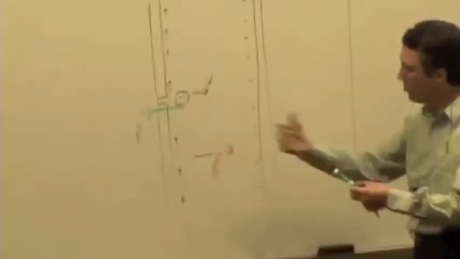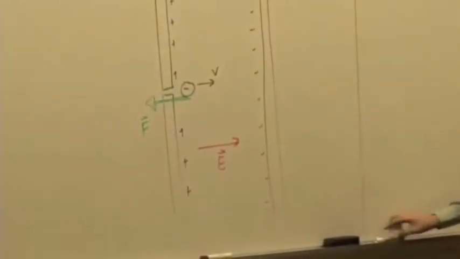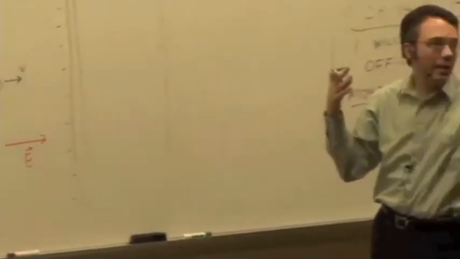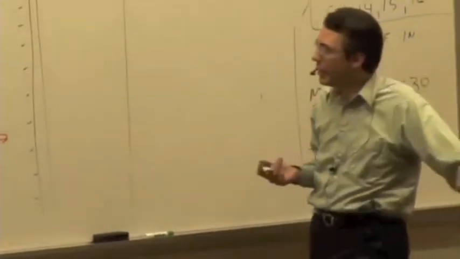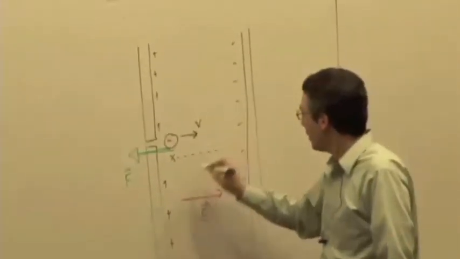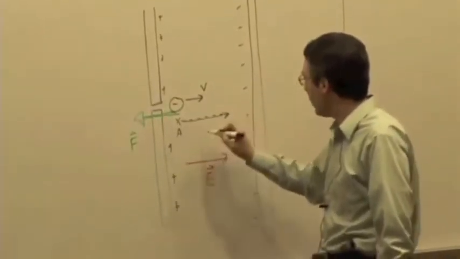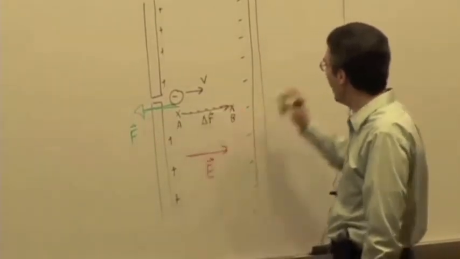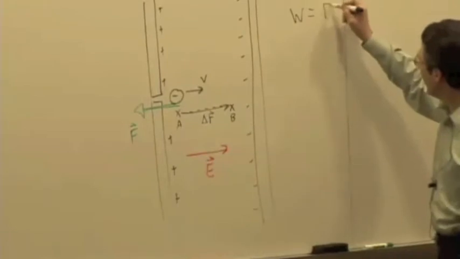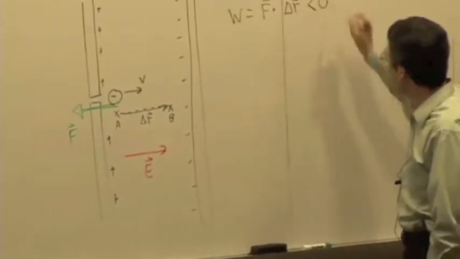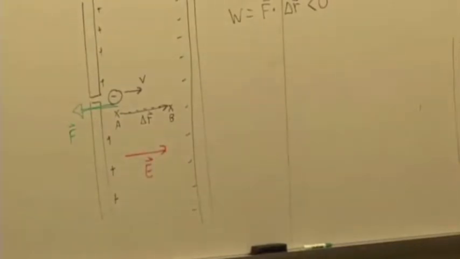So as the electron moves from left to right, it's going to be slowing down, right? Kinetic energy will decrease. The work, if the displacement is again from A to B, provided it can get to B, F dot delta R, is going to be negative, less than 0.